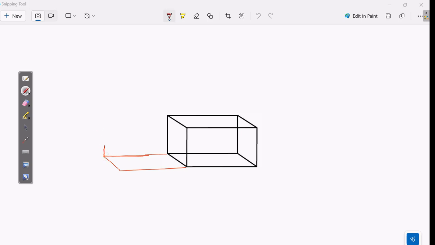Can you imagine this figure? Yes. I hope you can visualize what's happening here.